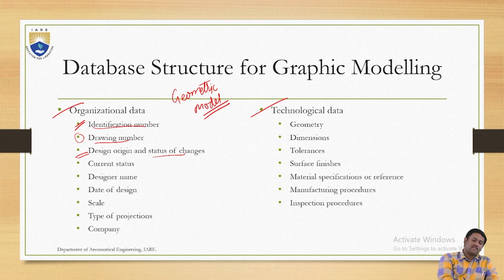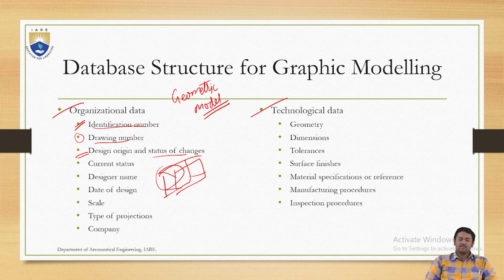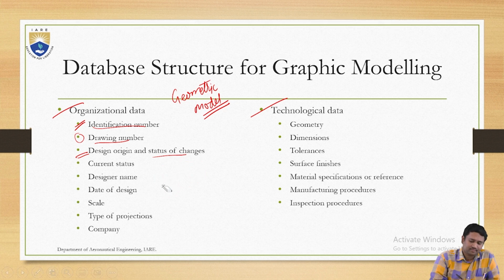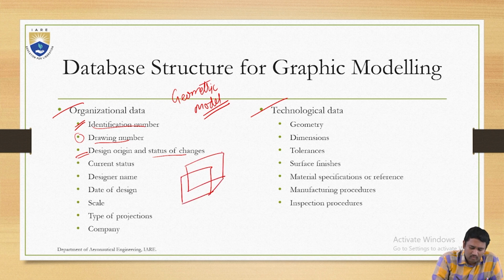Same thing, if you are putting in any status of changes, let's say I have a particular workpiece and a particular edge has to be changed to form a small curve. Let's say it's a cube. I want it to be modified to create a small curve or a small cylindrical bar at the end.